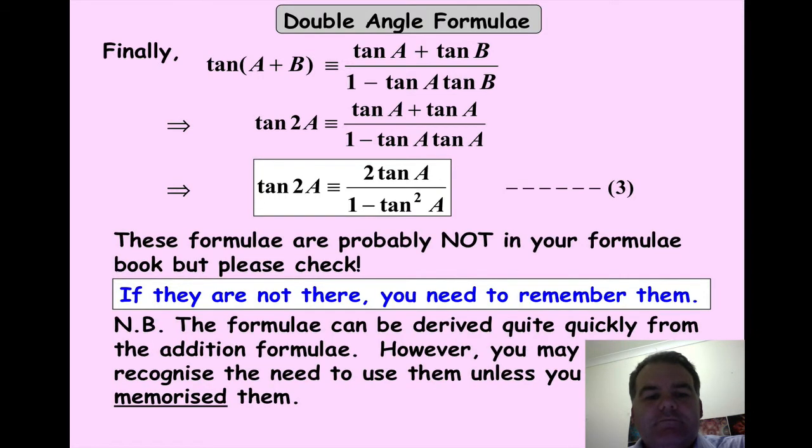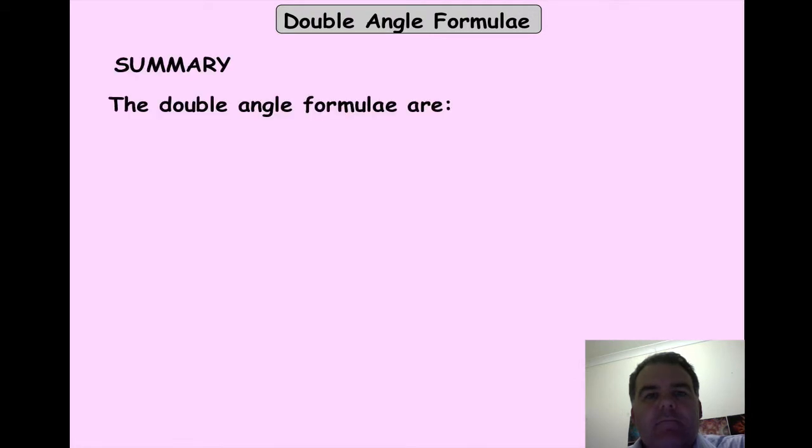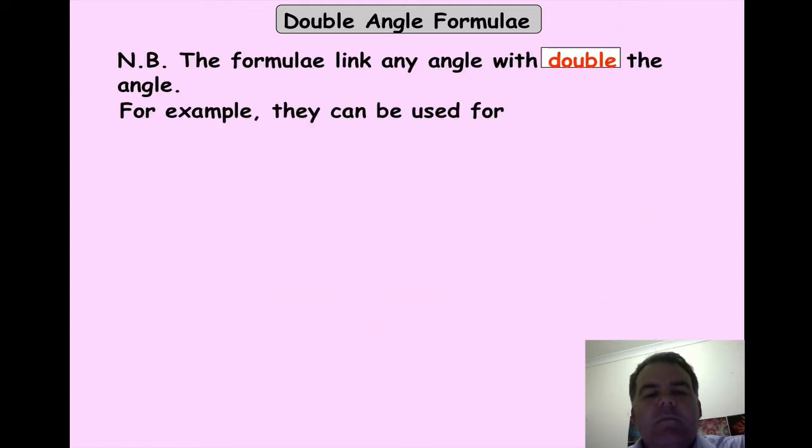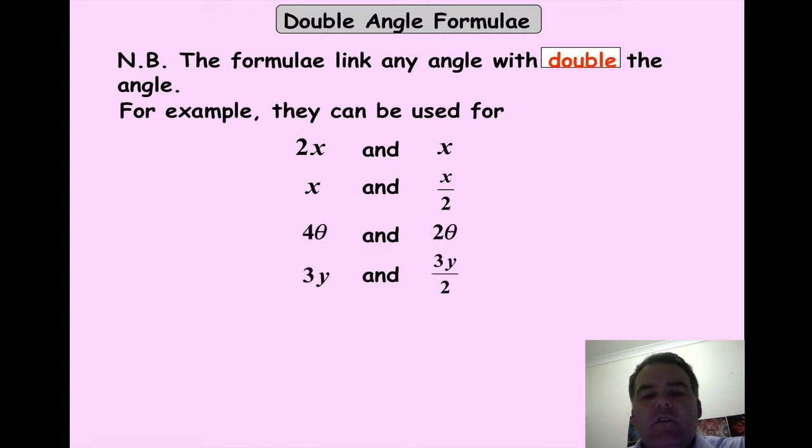It's important to understand that these formulae link 2x with x, but if you halve the right hand side or the left hand side, you just halve the angles, nothing else.